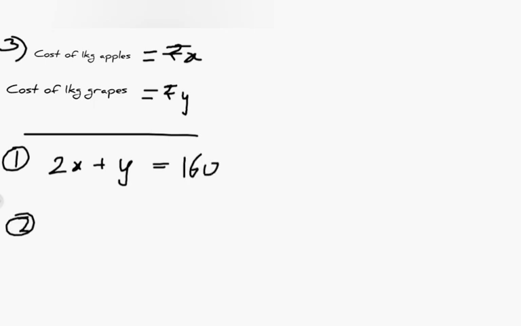The second case is 4 kg of apples, that is 4x, and 2 kg of grapes, that is 2y, equal to 300. You just have to represent this graphically. None of this needs any help from me.